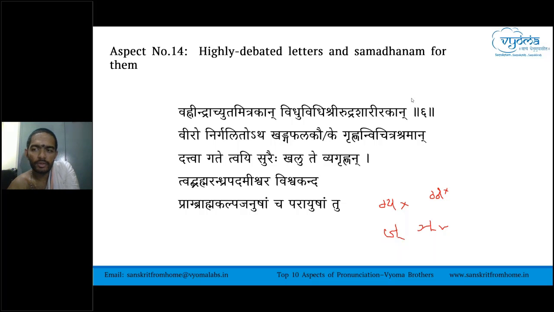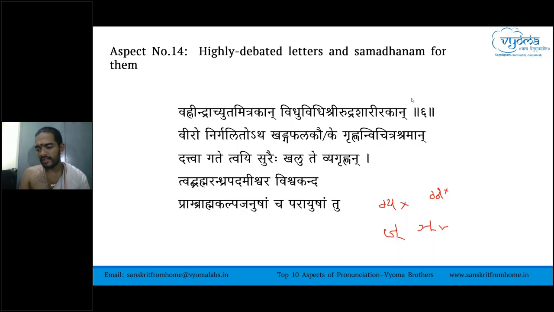No, that is Samyukta. It's not. What she refers to is correct. There is a difference. Samyukta Akshara is there. Dvitva refers to doubling of the first letter of the Samyukta Akshara or the second letter of the Samyukta Akshara. Dvitva is a whole topic by itself. We have some slides on that. Maybe if we have some time, some other time, half a class I will spend on Dvitva.